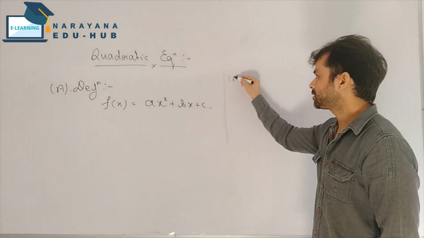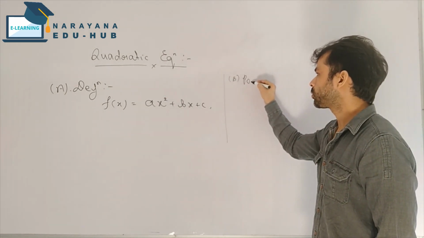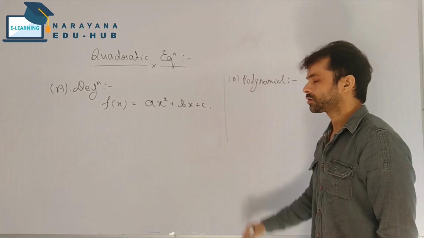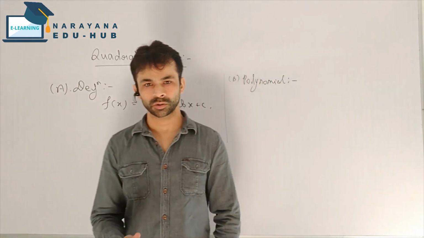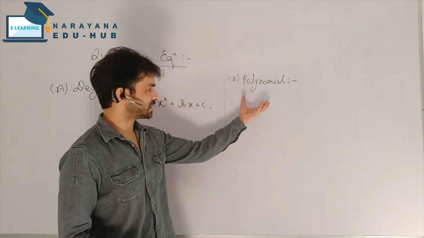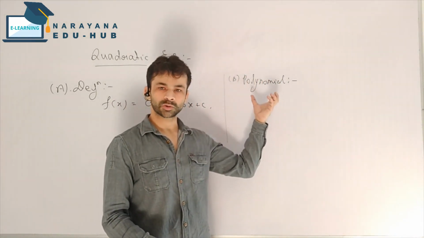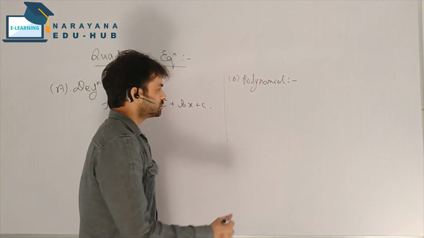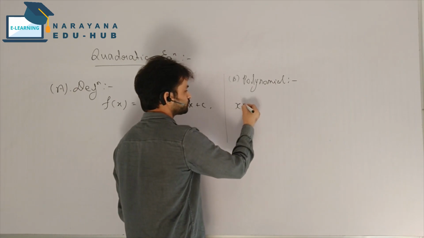Some students get confused about what a polynomial is. So things should be very clear to you, because we will be discussing polynomials up to class 12th, up to the IIT exam.